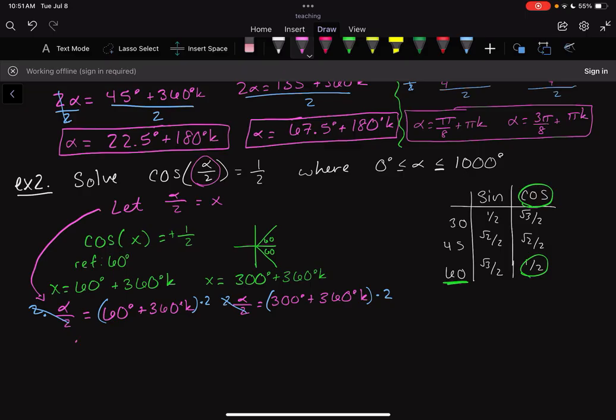So let's see, I get alpha is equal to 60 times 2 would be 120 plus 360 times 2 would be 720. 300 times 2 would be 600. And then 360 times 2 is 720.